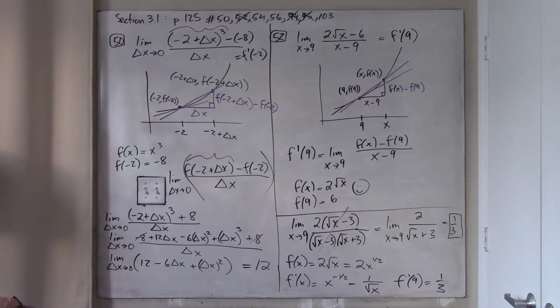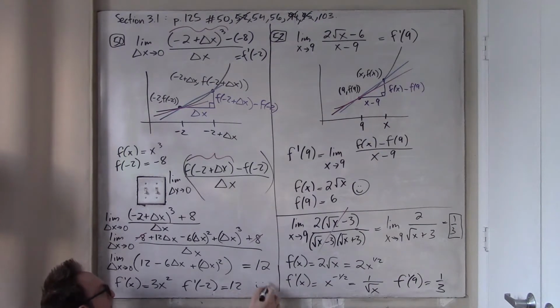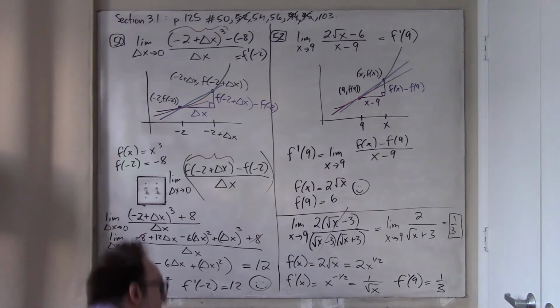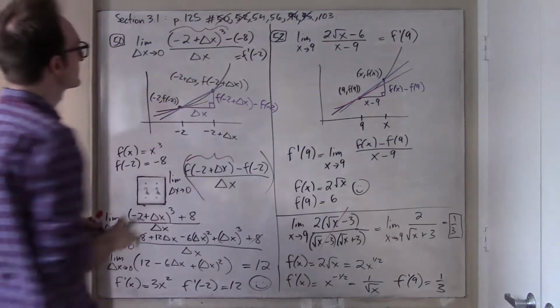I can check it because now I have the power rule. What is the derivative of x cubed? It's 3x squared. And so what is the derivative at -2? Plugging that in, it's indeed 12. And so this whole thing is working out. Okay, good. So that was 50.